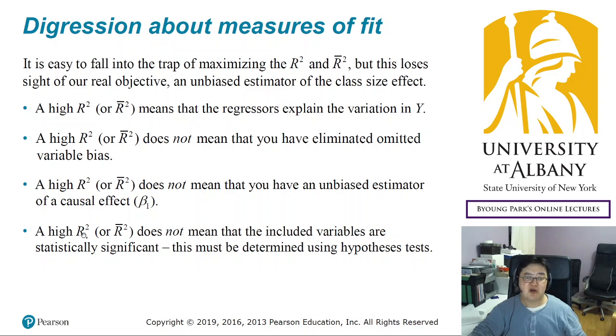And higher R squared does not mean that the included variables are significant. As I said earlier, higher R squared can be obtained by including any variable. If you add any variable to the regression, R squared only increases. So it is not an ideal way of estimating the regression model.